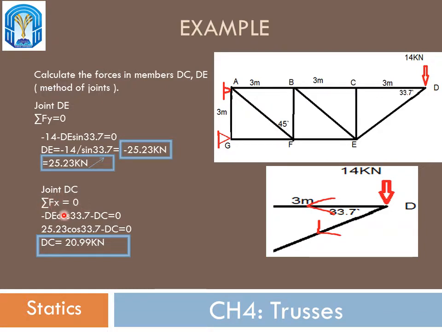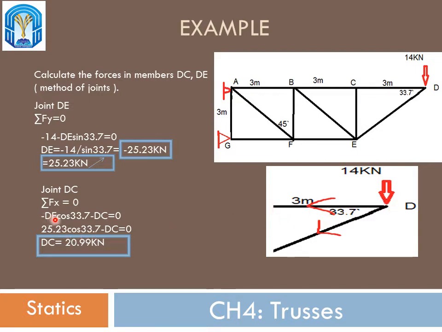Summation of Fx equals 0: minus DE cosine 33.7 minus DC equals 0.